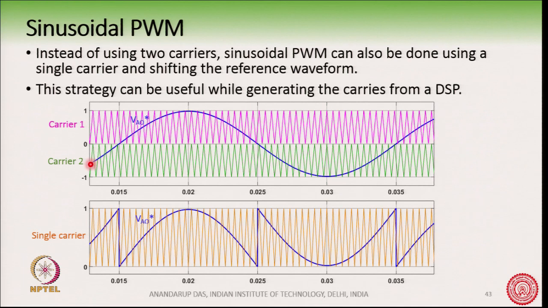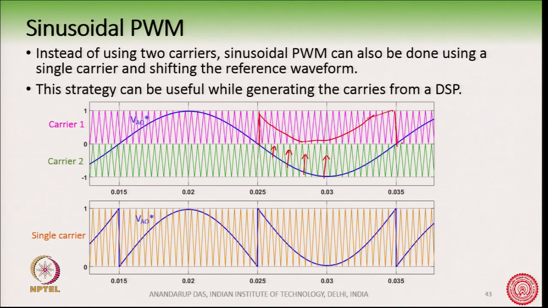So, here you can see that suppose I use only the top carrier. I have only one carrier, which is the top one. So, what I have to do? This waveform was going down 0. So, what I have done here is we will shift this part here. I will put this one up, shift this one, so that I can get up to this, and then there is a shift of this, and so this is like this.